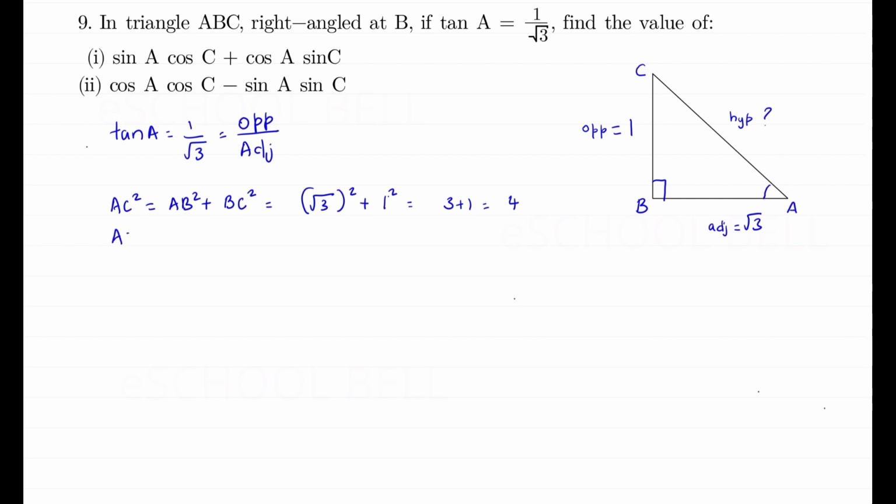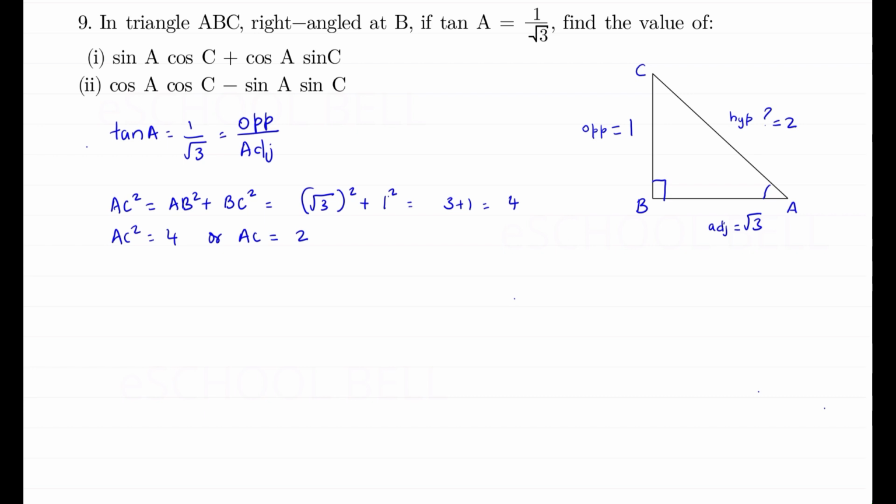So AC square is equal to 4, or AC will be equal to 2. Now the hypotenuse is 2. Basically AC will come as plus or minus 2, but since we take everything in the first quadrant, where all are positive, we ignore the negative value.